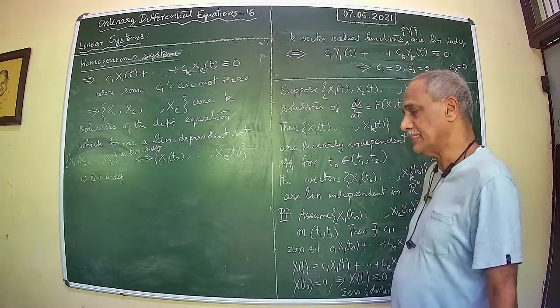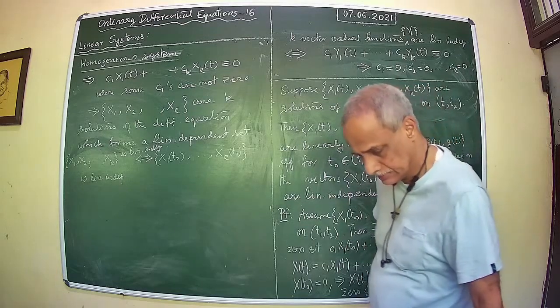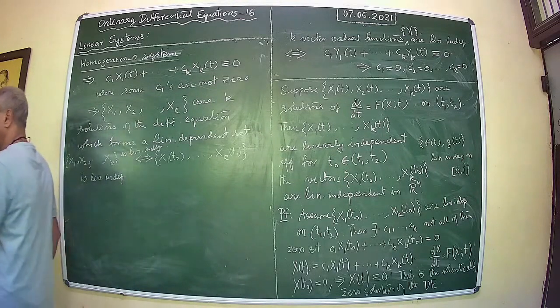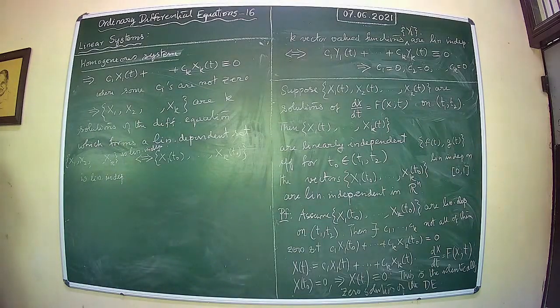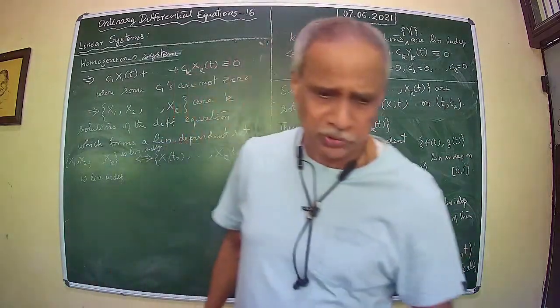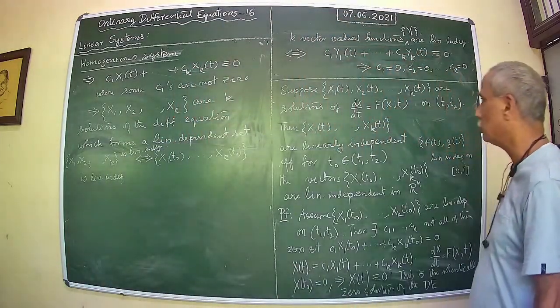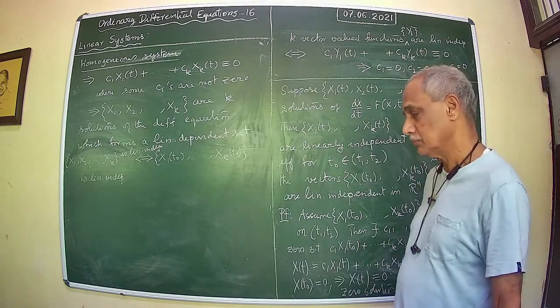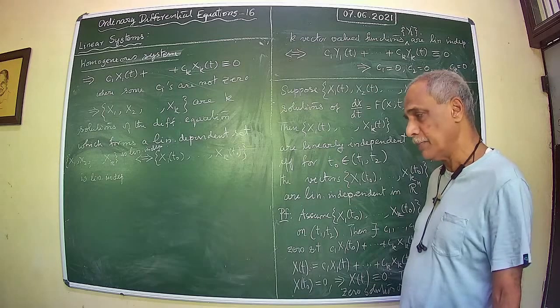which is a set of linearly independent vectors, then the corresponding solutions also form a linearly independent set of solutions. And how many such vectors can you choose? You can choose at most n. In fact, you can choose specifically e1, e2, etc., en. They form a linearly independent set.